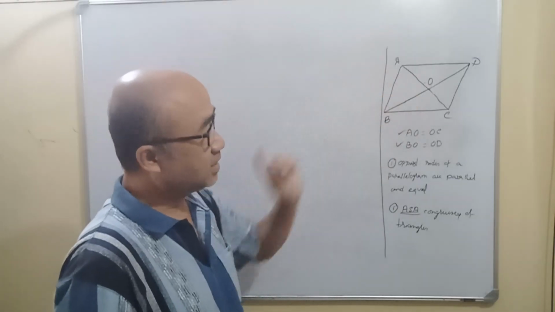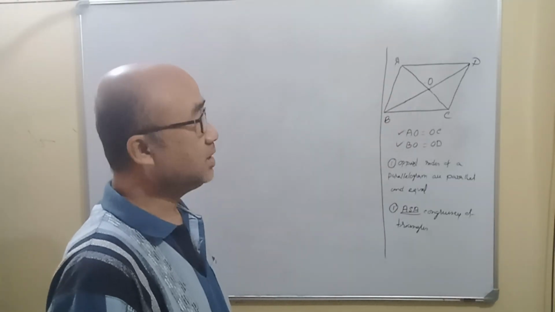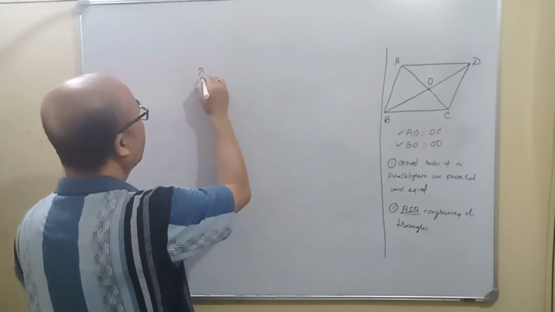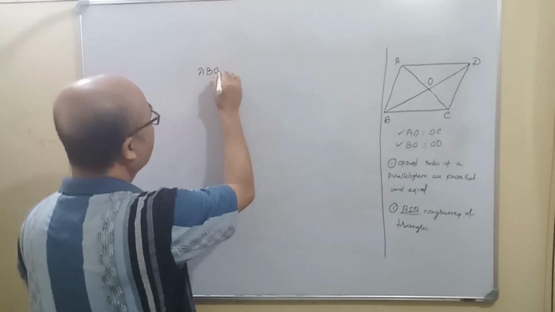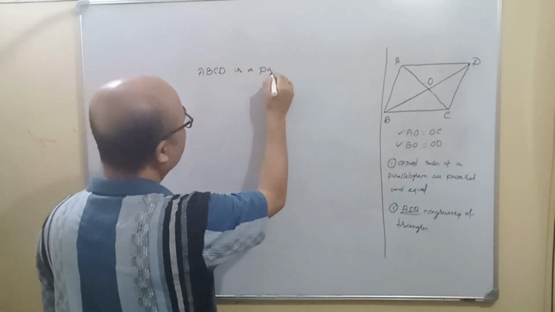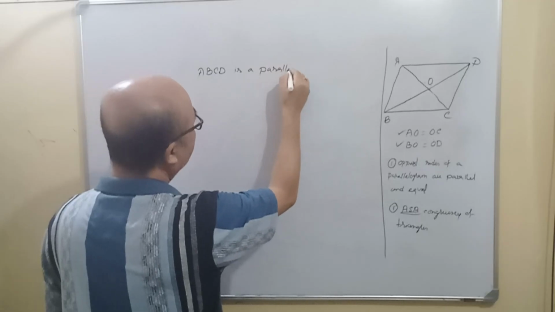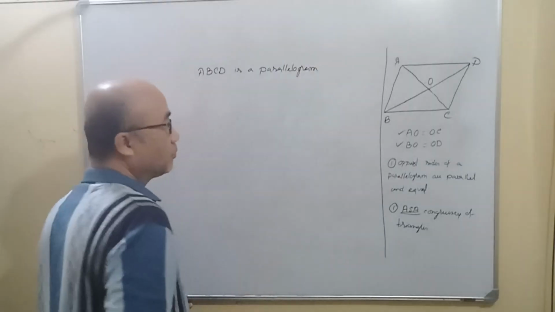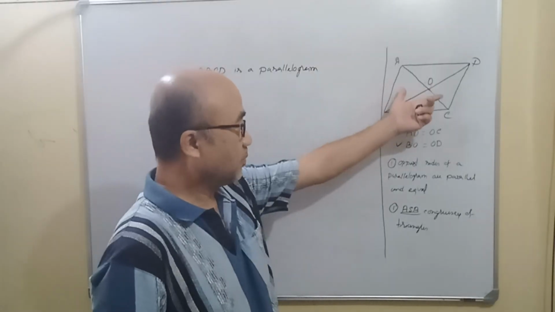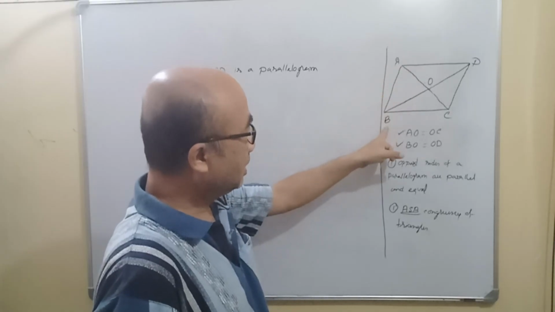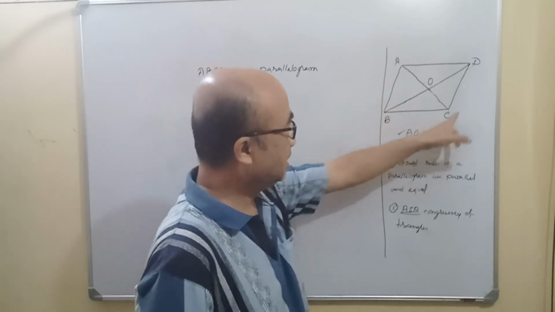ABCD is a parallelogram. It is already given. Since this is a parallelogram, we have AB equal to CD.